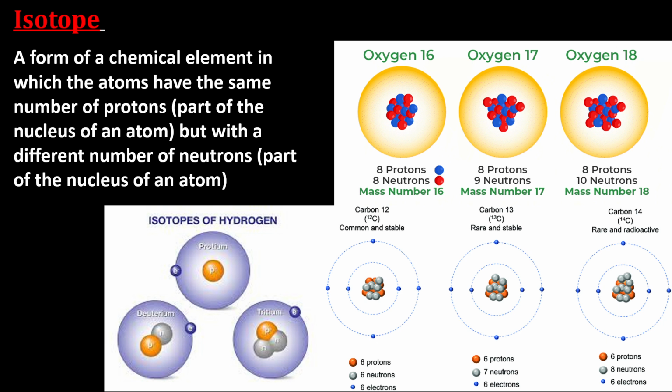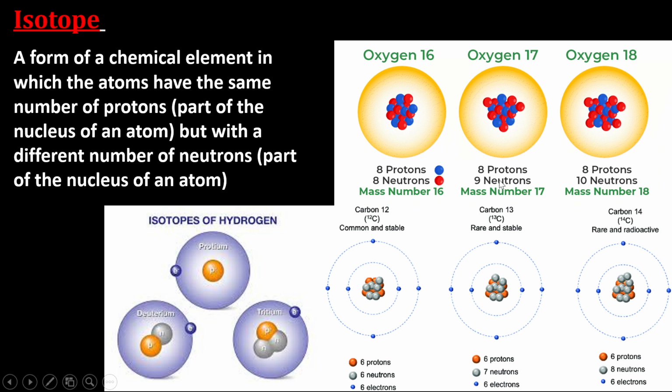There are three famous examples: oxygen isotopes, carbon isotopes, and hydrogen isotopes. The oxygen isotopes are 16, 17, 18. Oxygen-16 has 8 protons, 8 electrons and 8 neutrons, so its mass number is 16.